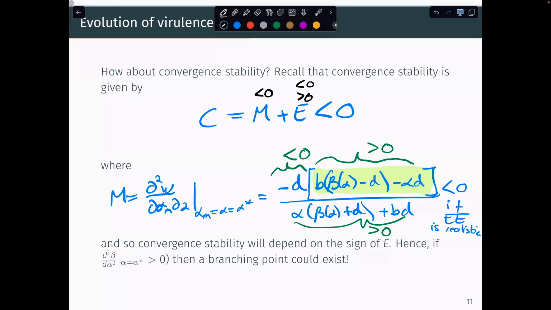In this scenario, we'll get a CSS. But if it's evolutionarily unstable, then we'll get a branching point potentially. It could also be a repeller.